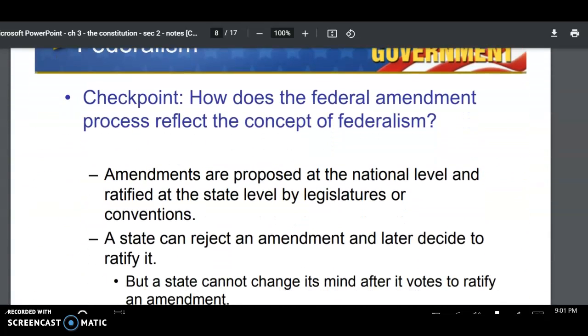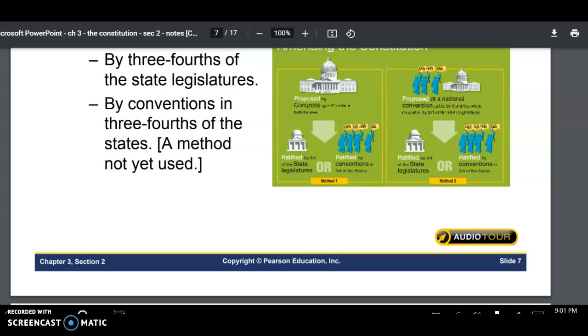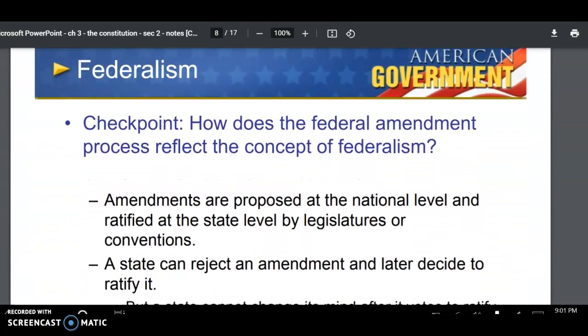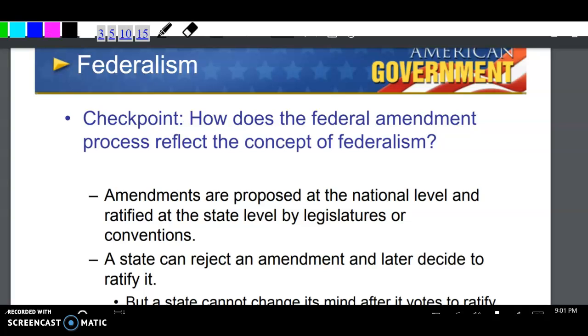Your next heading is federalism. Amendments are proposed at the national level and ratified or passed at the state level by legislators or conventions.